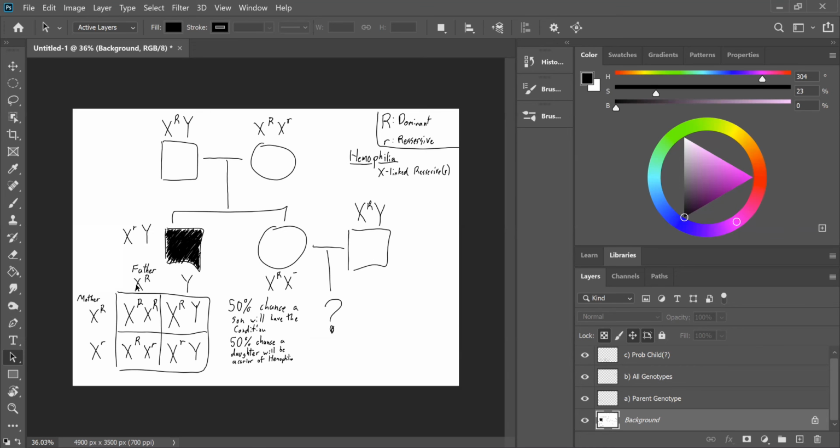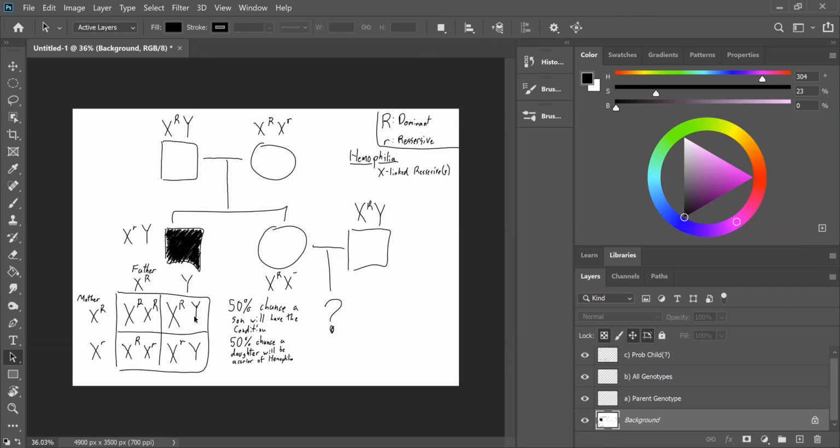Assuming, and this is a big assumption but it is part of the problem, that Moira is a carrier, Moira has an X chromosome with a big R and an X chromosome with a little r. And Johnny, as in part B, has an X chromosome with a big R and a Y chromosome, because he's a man.